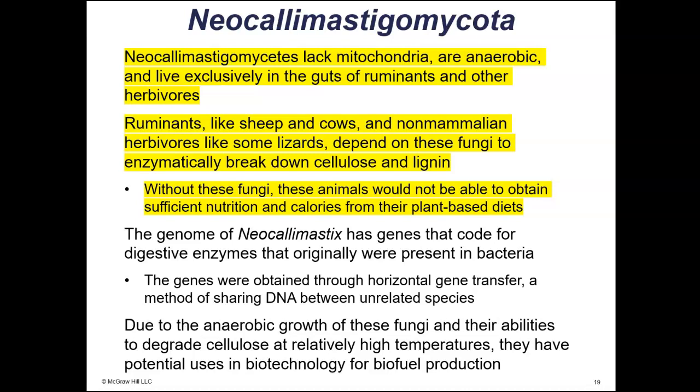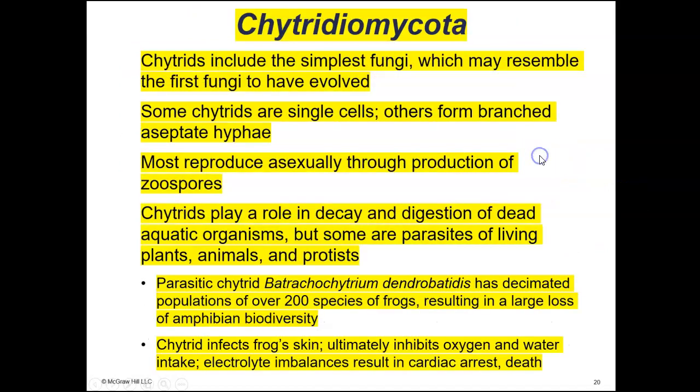Without these fungi, these animals would not be able to obtain nutrition and calories from their plant-based diets. For example, humans and dogs and cats can't break down and digest grass, but these ruminants can, and one of the reasons is because they have these fungi that live in their guts.